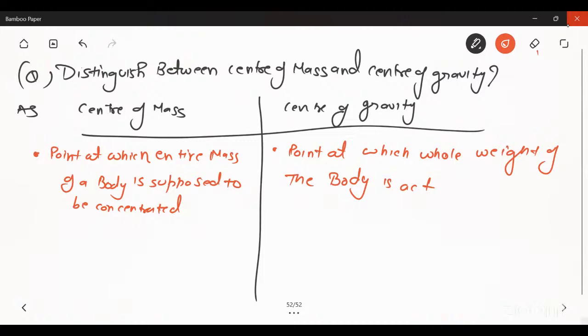The next is, it refers to the mass of the body.